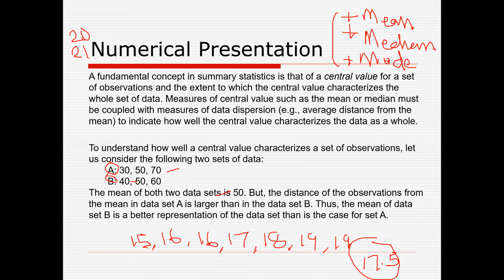So the summary of what I'm saying is that our mean is best used as point representation of any data set that is not what? Skewed. A data set that is normally distributed, that is not skewed, that is the best situation to use our mean.